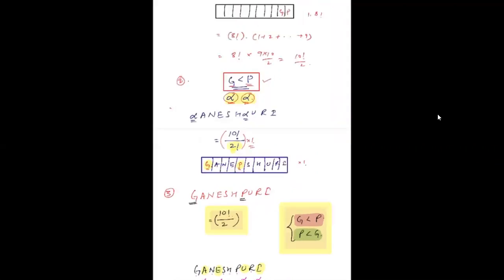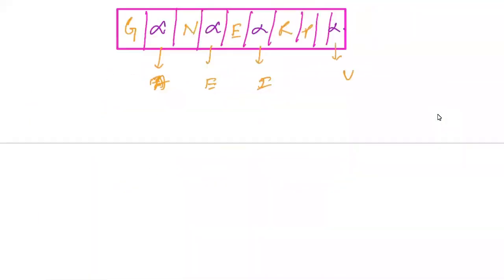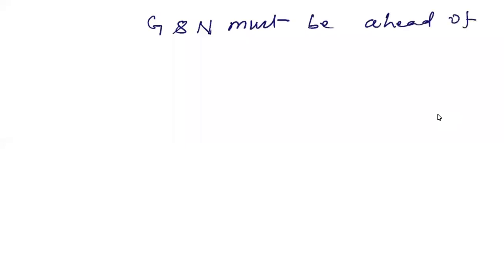Think on this: if I'm asking that G and N must be ahead of P, what is the answer in this case? Write down in chat.